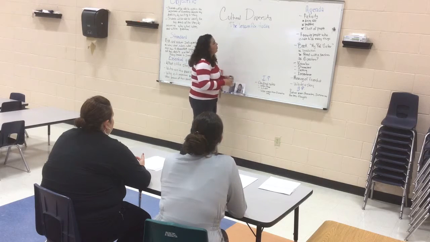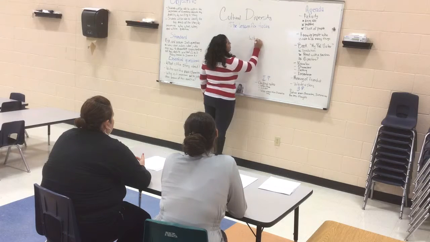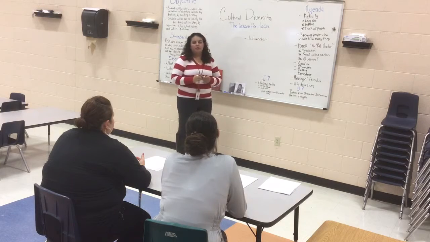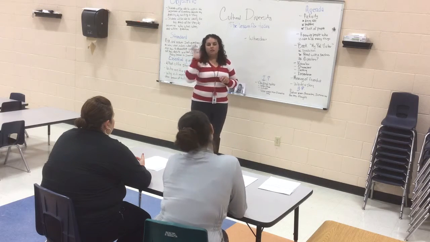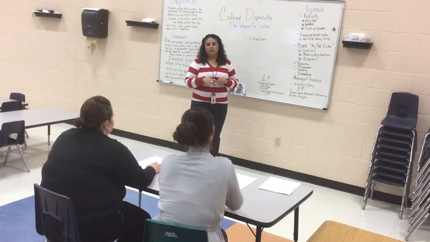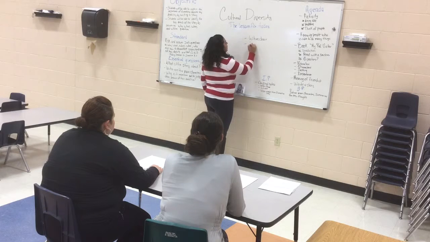Let's think about a person in a wheelchair. A grandma. Can she do whatever she wants? She's limited and she needs assistance to do everyday tasks. What about an autistic person?